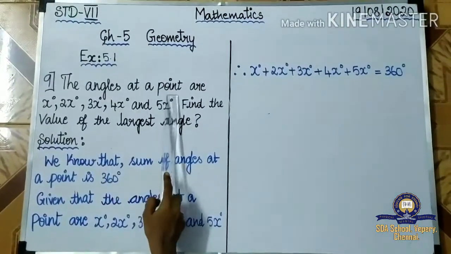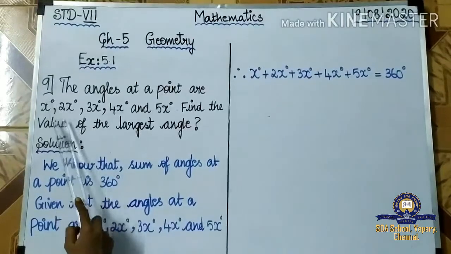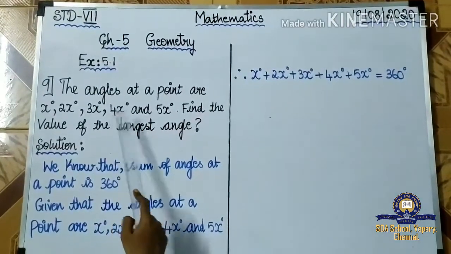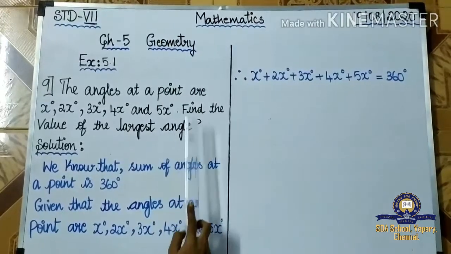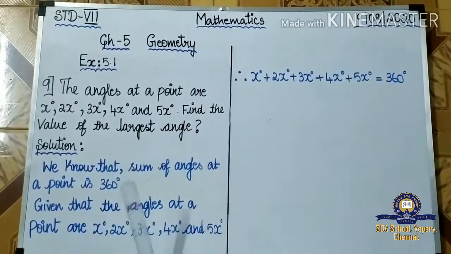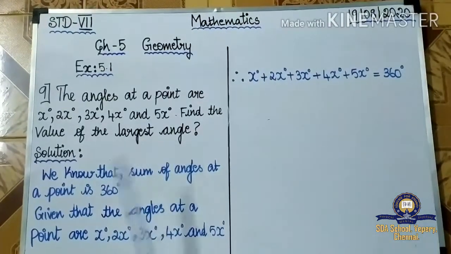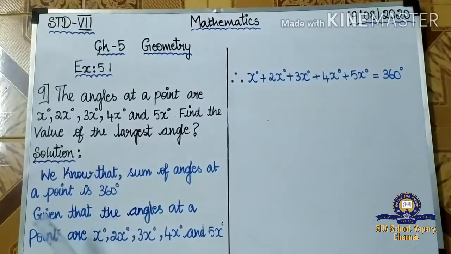The angles at the point are x degree, 2x degree, 3x degree, 4x degree and 5x degree. Find the value of the largest angle. See, in this question, we are going to find the largest angle, right? Let's move on to our solution.